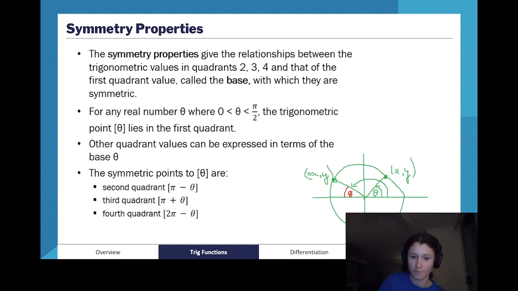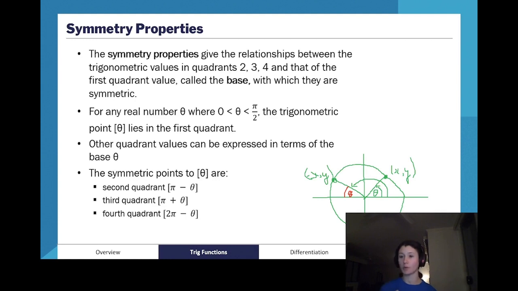So we're going to have the negative x of that value. I'll write that a little bit clearer. We're going to have the negative x of that value, right? Because now it's on the negative side. And then we're going to have the same y value because these two coordinates here are symmetrical as well, right?